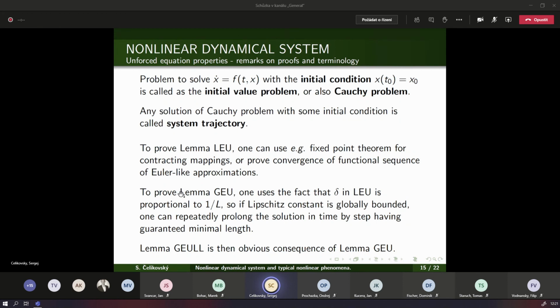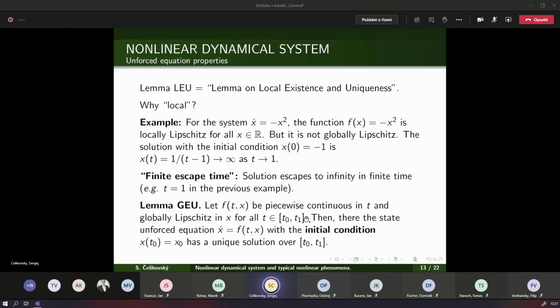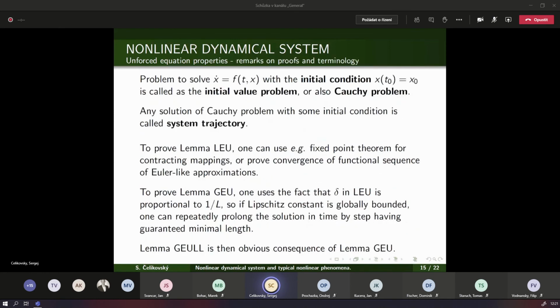And a good observation is that the proof of the lemma usually concludes that this delta in the lemma formulation depends on many constants, but most importantly, it is proportional to 1 over L, where L is the Lipschitz constant around any point.